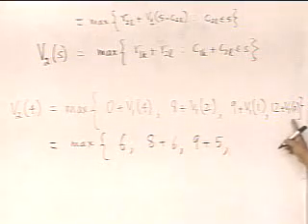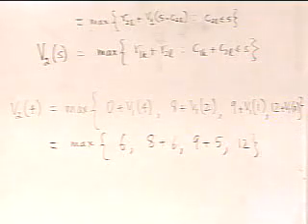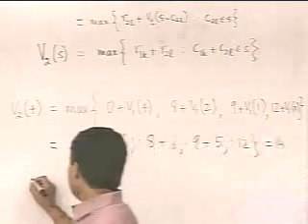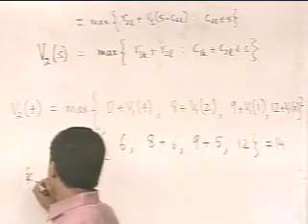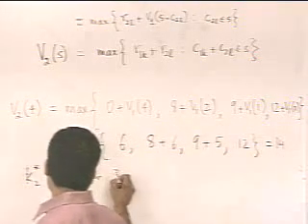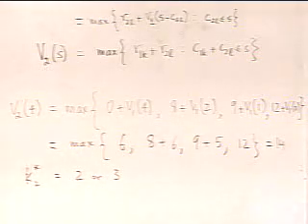And what is V1 of 0? That's 0 and 12. So the maximum turns out to be 14, and the best project, K2 star, is going to be 2 or 3. It doesn't really matter. You can choose either project 2 or project 3 and they'll give you the same benefits.